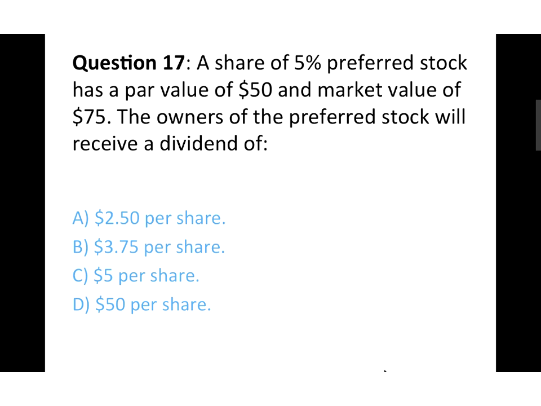You will have to take the 5% times the par value. Market value is irrelevant when computing a dividend. The dividend on preferred stock will always be the percentage times the par value. We've got a percentage of 5% and a par value of $50, and that's how you'll calculate that.